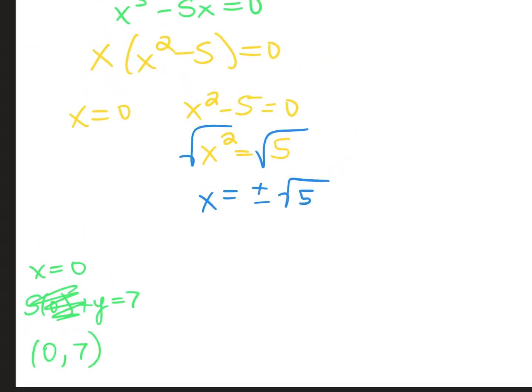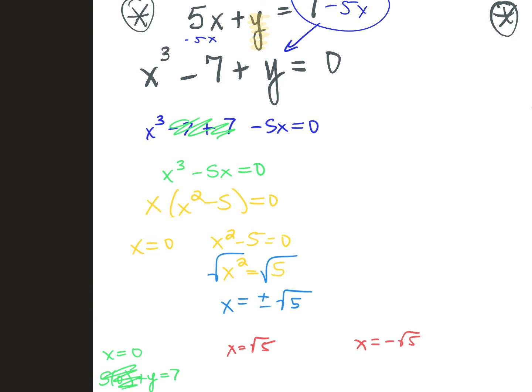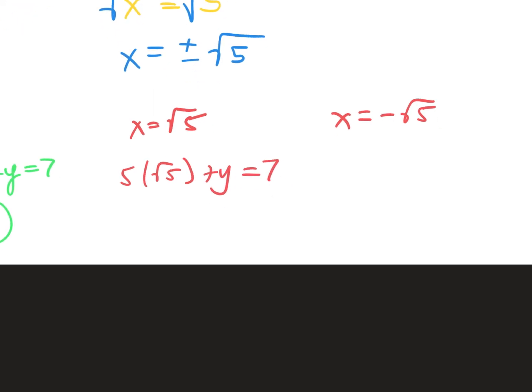I'm going to plug in x equals the positive square root of 5, and then x equals the negative square root of 5. All right, when I plug in, I'm going to use 5x plus y equals 7. So 5 times the square root of 5 plus y equals 7. Well, how do I get y by itself? No. This whole thing. What do I have to do? How do I get it to move to the other side?